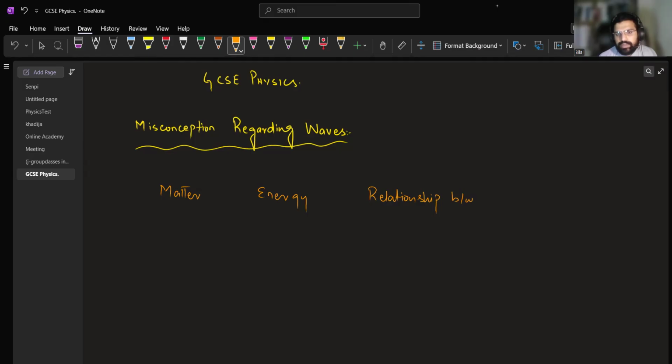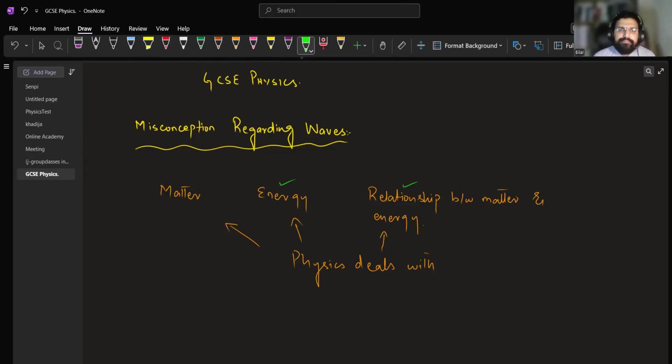These are the three domains with which physics basically deals. Now the phenomenon of wave is basically related to energy and its relationship with matter.